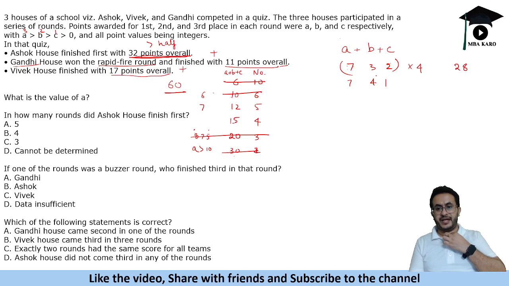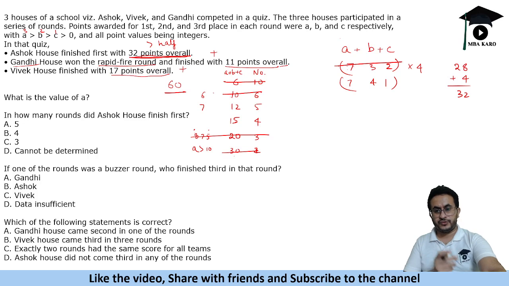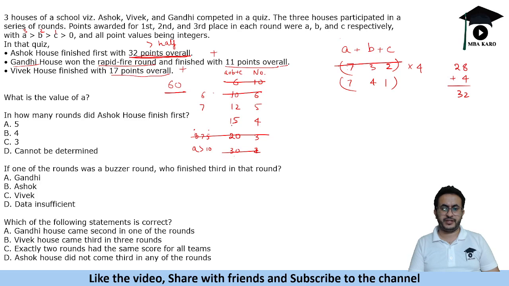And then we need 4 more points to make 32. So possibly we can take this as the case, 7, 4, 1. Now we are left with 15 also. We can check with that also, but let's solve this first, because we have figured out a crucial value. So let's check this and eliminate this case. That would be a better thing to do.